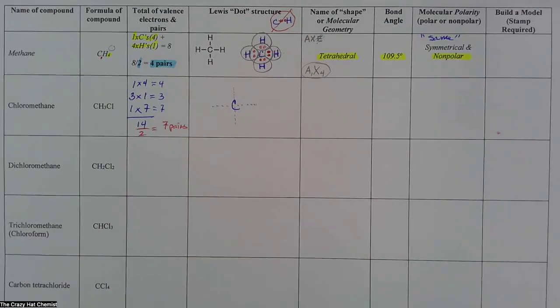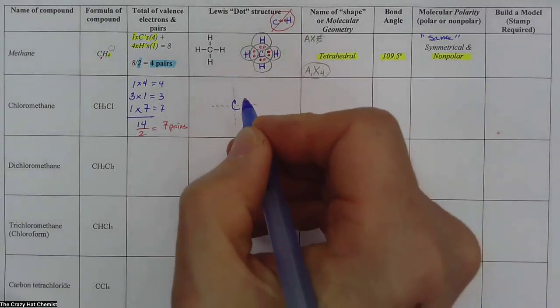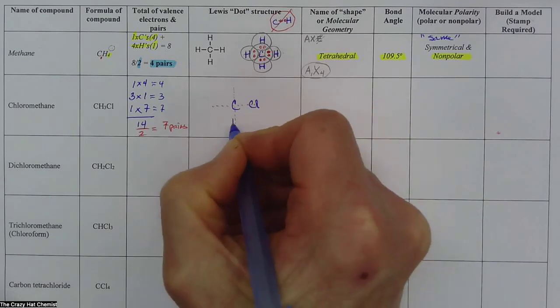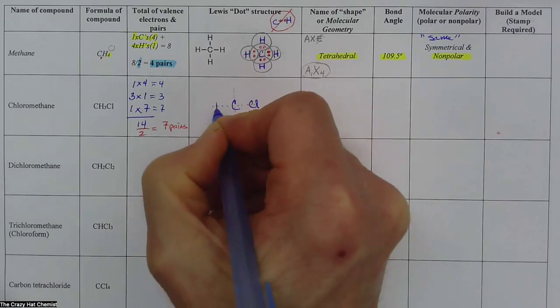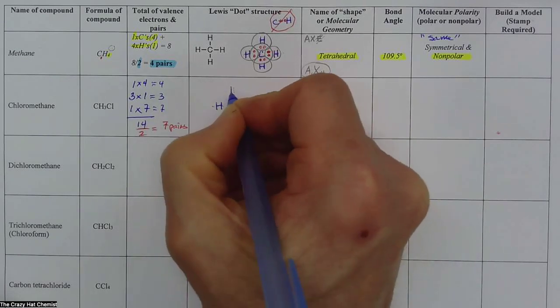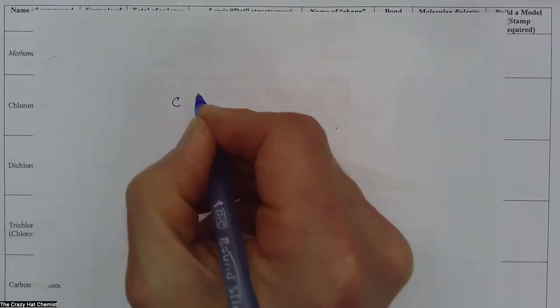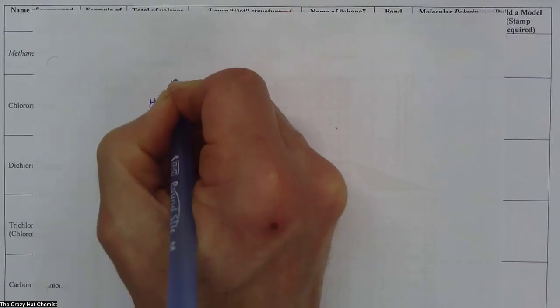You can start anywhere you want. Let's start with a chlorine right here, a hydrogen right here, a hydrogen right here, and a hydrogen right here. On the back of my periodic table, I'm going to draw that same exact structure that we just drew. That's a carbon, a chlorine, hydrogen, hydrogen, and a hydrogen.